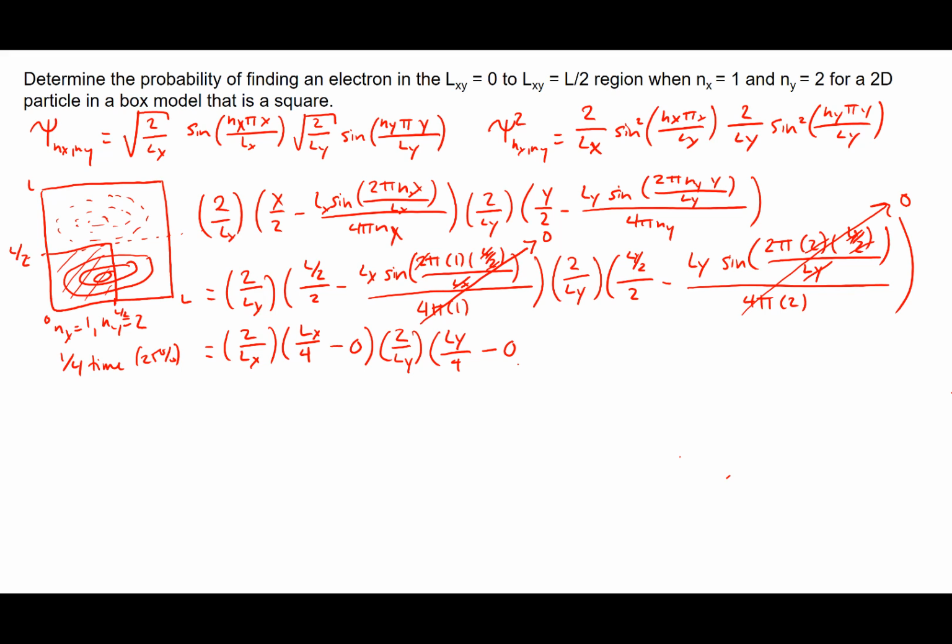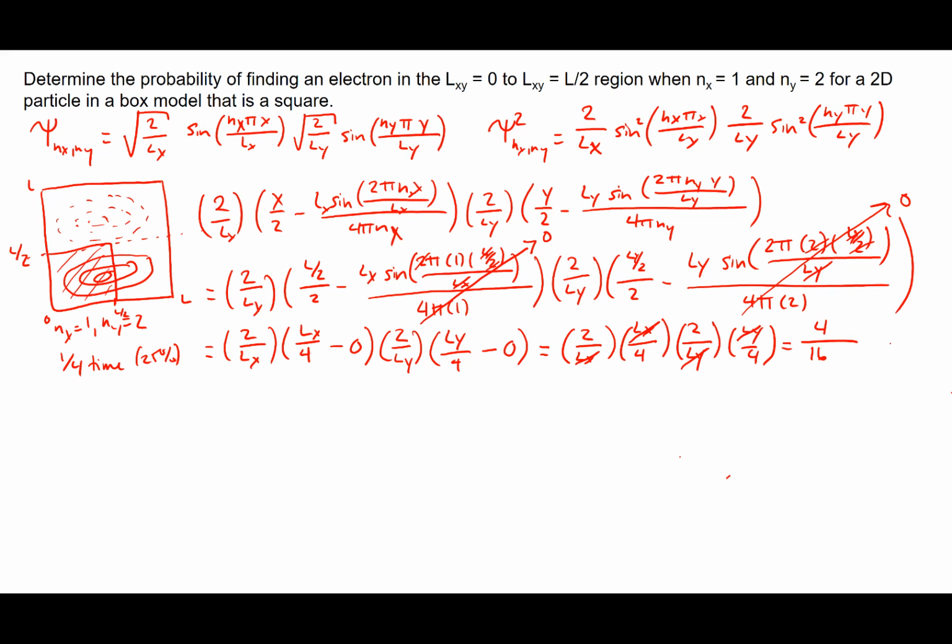So that's a 0. As an easy way of looking at it now, we have 2 over Lx times Lx over 4 times 2 over Ly times Ly over 4. The Lx's cancel, the Ly's cancel, and so we have 2 times 2, which is 4, over 4 times 4, which is 16.